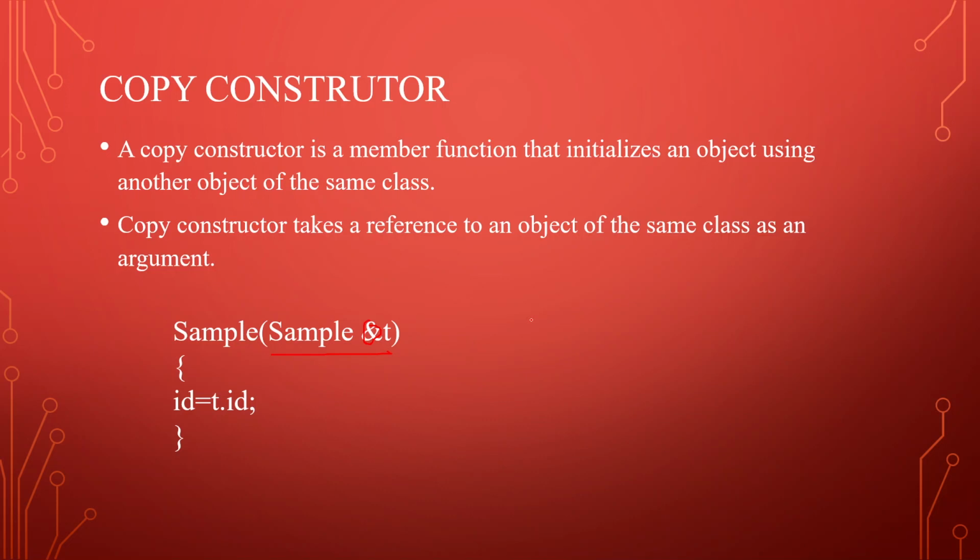So the constructor parameter is nothing but an object. To accept that object, the copy constructor definition should have an object to accept the data. Using this object we will be accessing the data. So this is all about copy constructor.